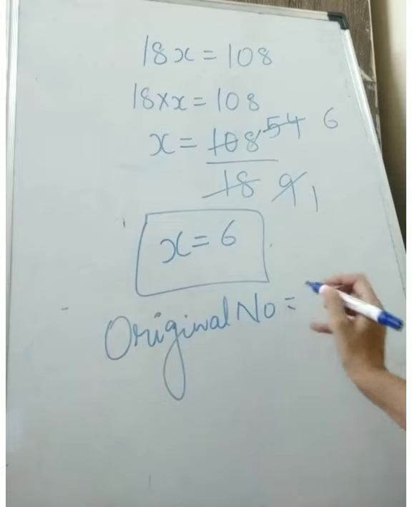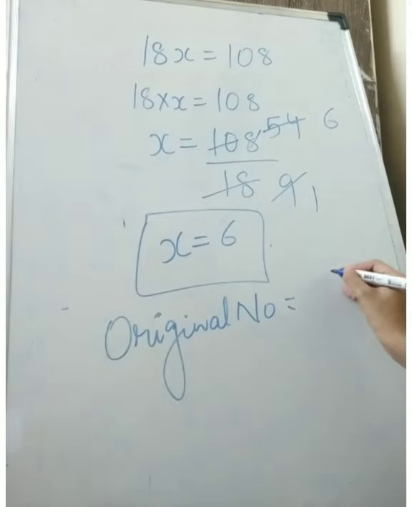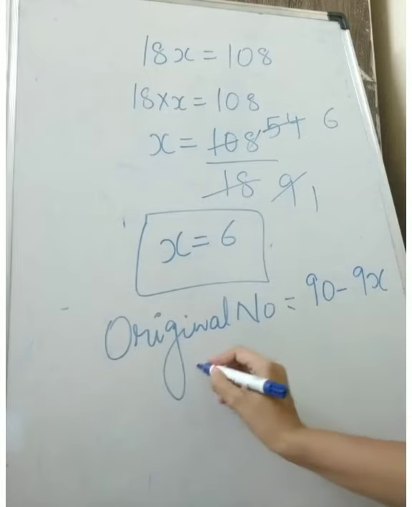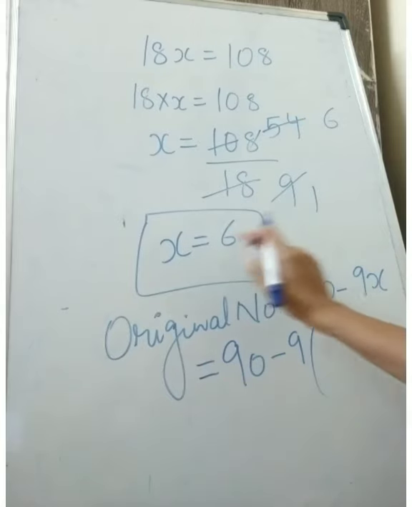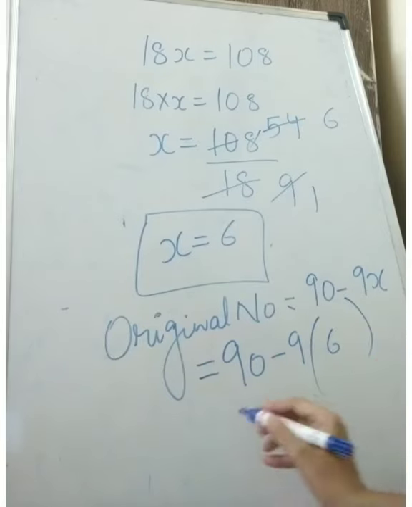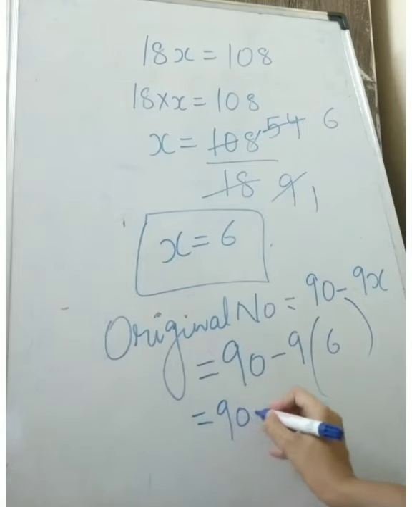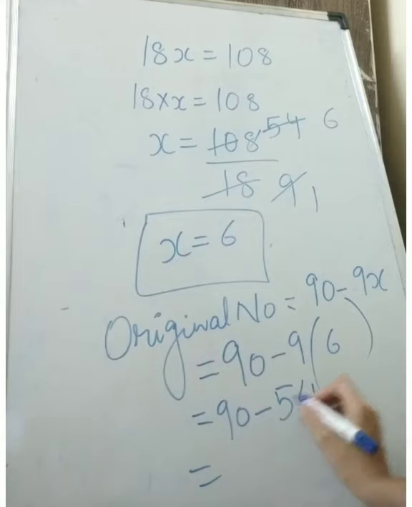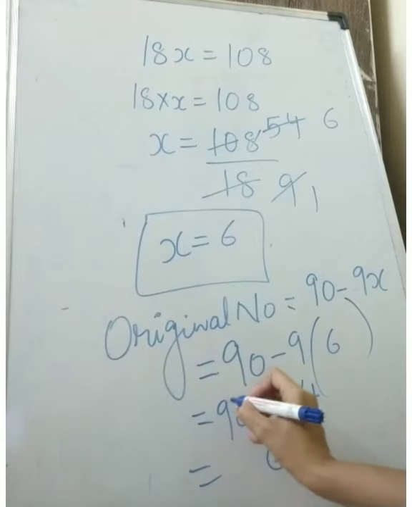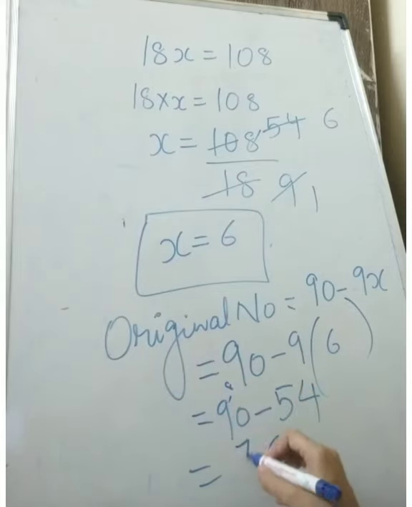So the expression for the original number is 90 minus 9x. In place of x, I will write 6. So this will become 90 minus 9 6s are 54. So 10 minus 4 is 6, 8 minus 5 is 3.